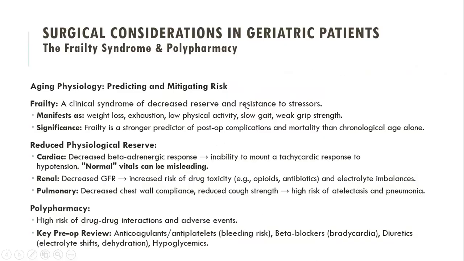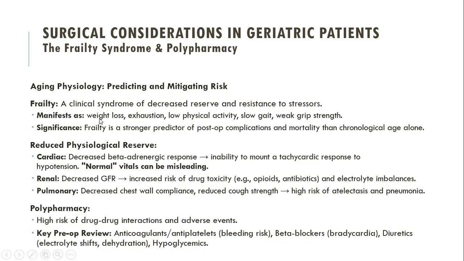Now we come to the surgical considerations in geriatric patients. Before going to the geriatric patients, you must understand what is frailty syndrome and what is polypharmacy. So, you have to understand the aging physiology. Frailty is basically a clinical syndrome of decreased reserve and resistance to stressors. Now, how does it manifest?